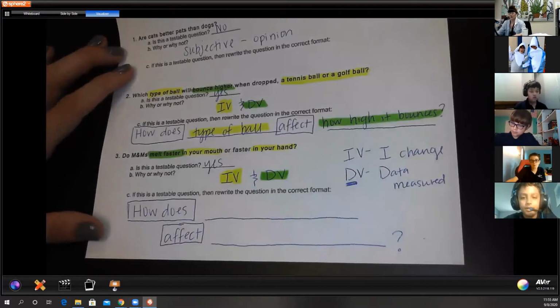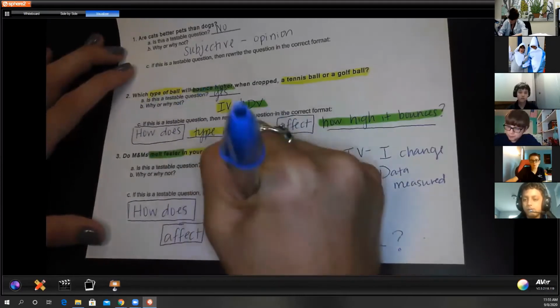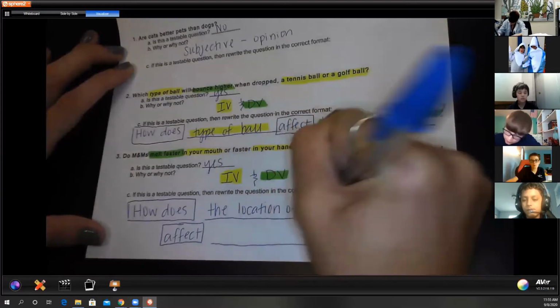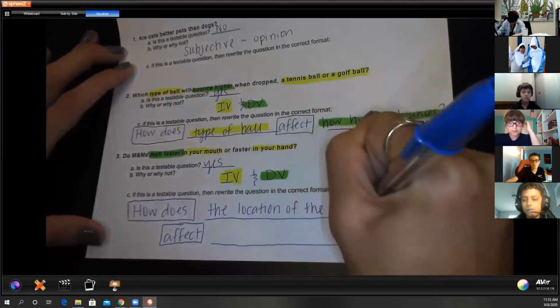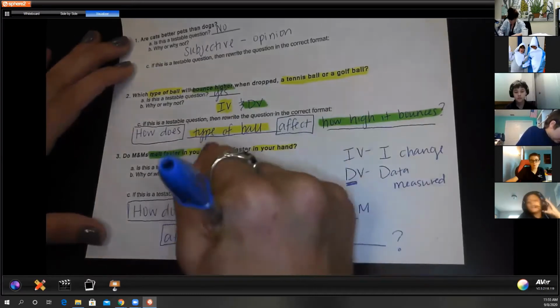So let's think about what am I changing about the M&Ms. Andrew? Where it's going. So how does the location of the M&M, that's what I'm changing, right? It's either going in my mouth or in my hand. How does it affect? Braylon? How fast it melts. Perfect.